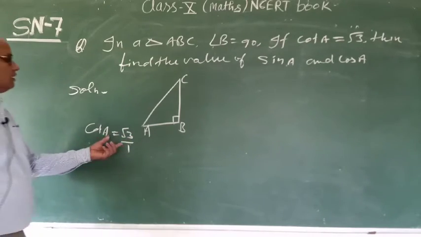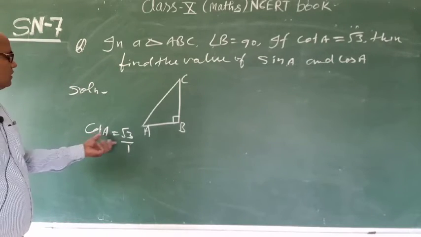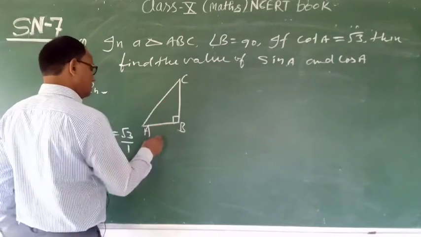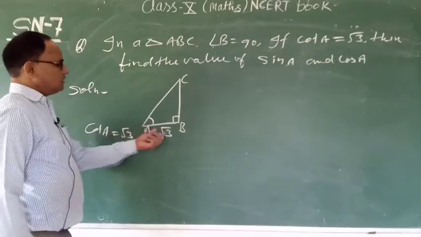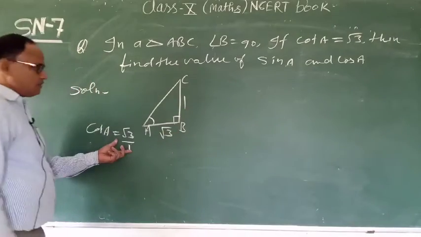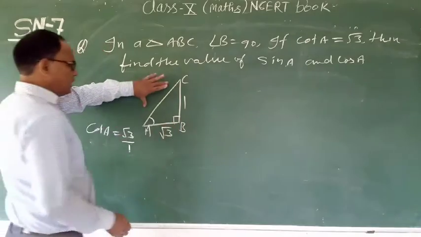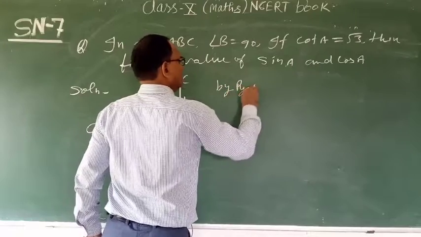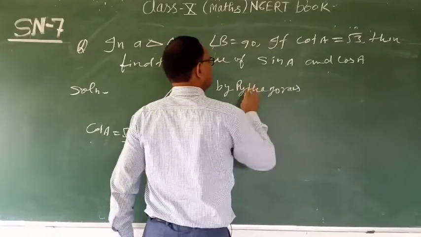Here two sides are clear. The ratio cot A is base by perpendicular line. Here angle A is here, then AB is the base and BC is the perpendicular line. Here we find the value of AC by Pythagoras theorem.